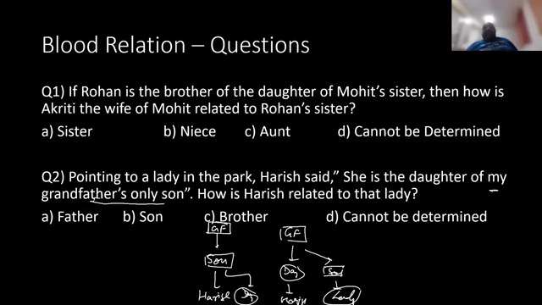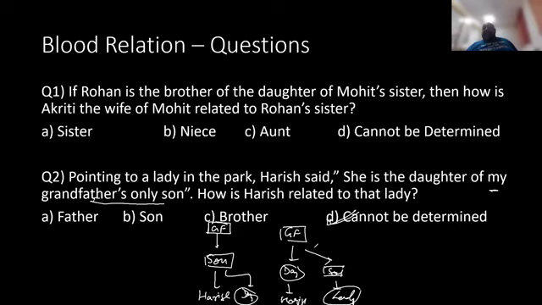Number one, the lady could have the same father as Harish if the grandfather only has a son. If the grandfather has a daughter and a son, the son has the lady as his daughter, and grandfather's daughter has Harish as her son or something. So in this case, Harish could be the brother. Harish could also be the cousin, and therefore cannot be determined.